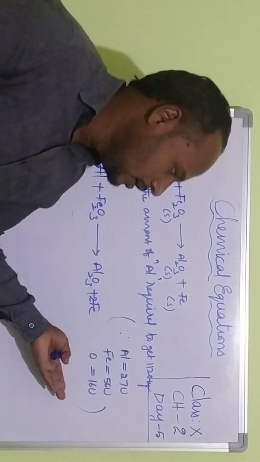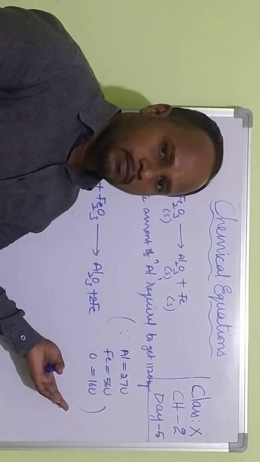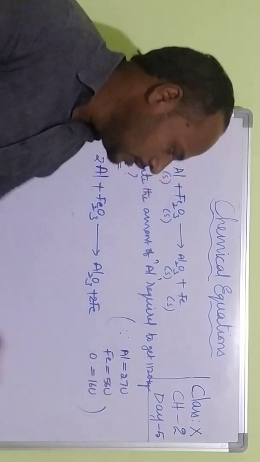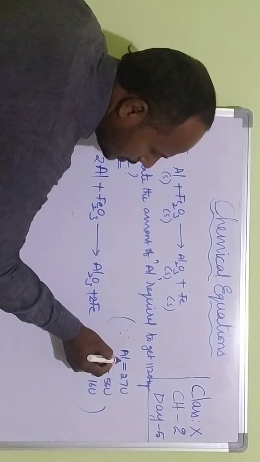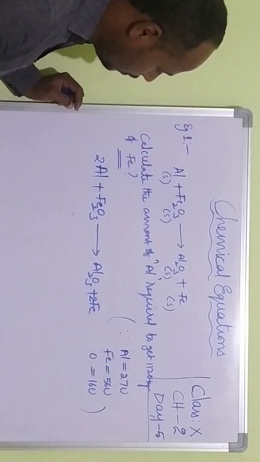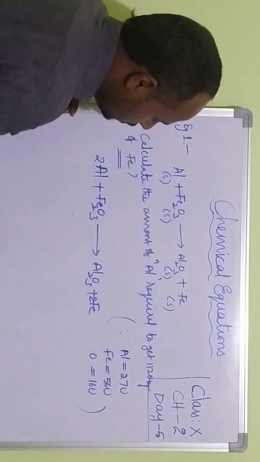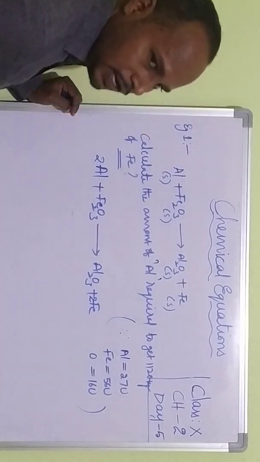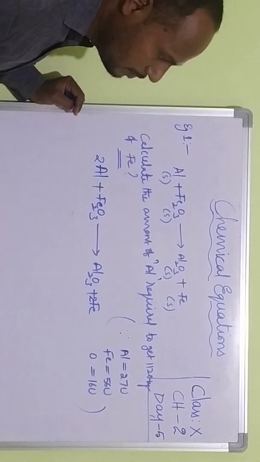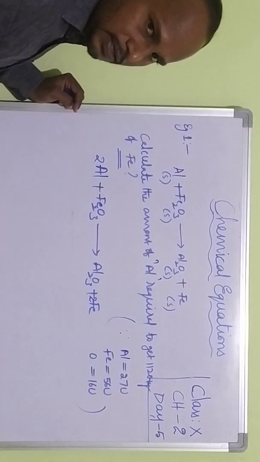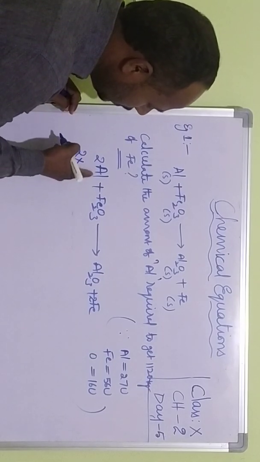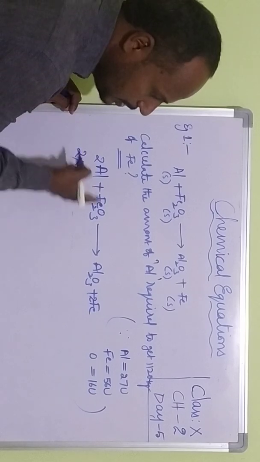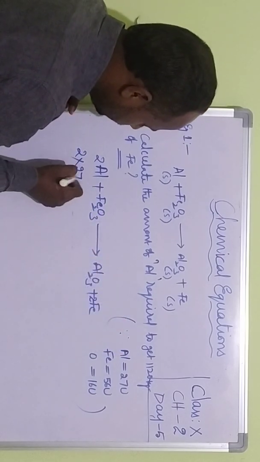And this data is in unified mass units only. U means unified masses. We already know the aluminium atomic mass is 27 units, iron 56 units, oxygen 16 units. Likewise, the mass before the reaction and after the reaction should be the same. Understand? Here, 2 into aluminium, only one aluminium has no subscript, then 27.